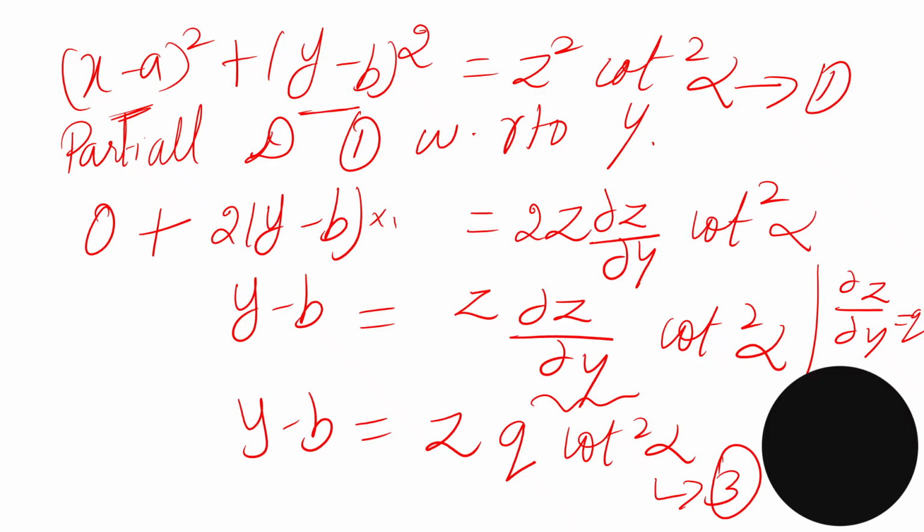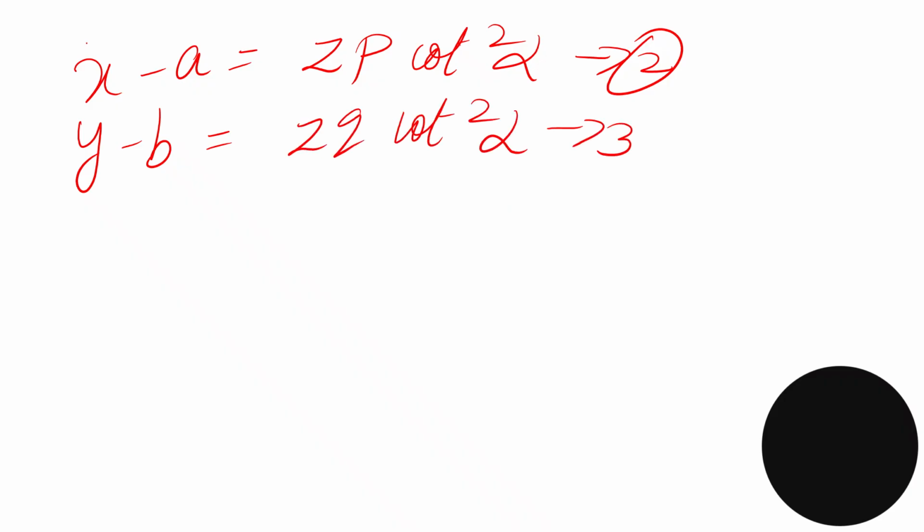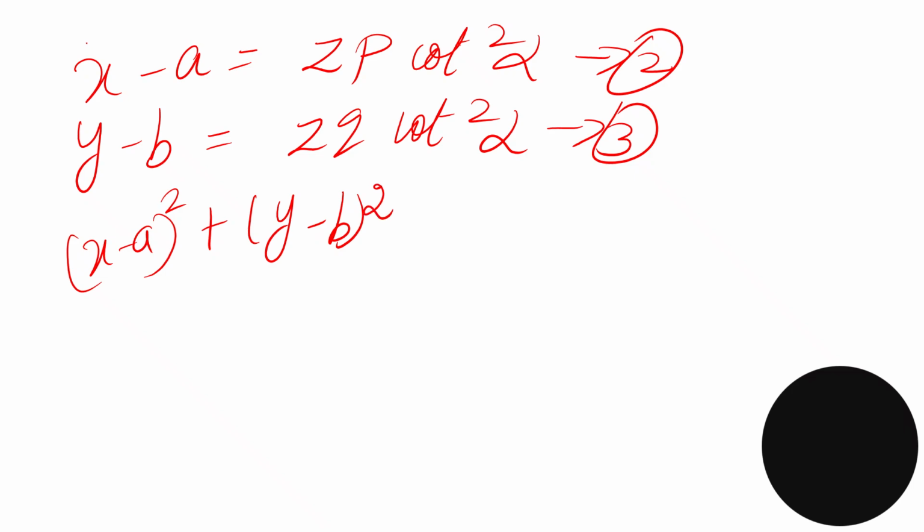Now apply equations 2 and 3 into equation 1. What is the second equation? x minus a equal to zp cot square alpha. This is your second equation. y minus b equal to zq cot square alpha. This is your third equation. Apply into equation 1: (x minus a) whole square plus (y minus b) whole square equal to z square cot square alpha.